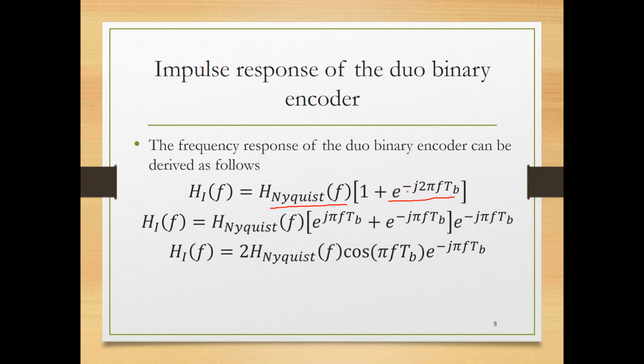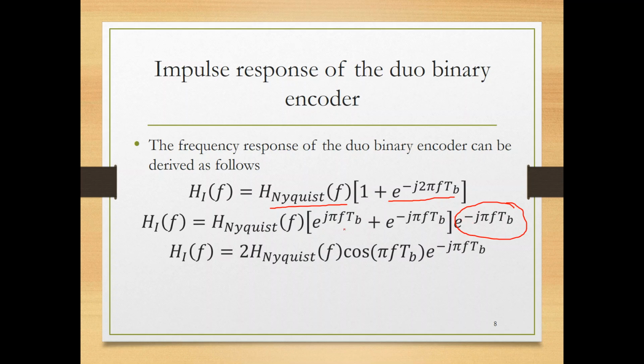So here we have 2πf Tb. If you take just e to minus jπf Tb as a common factor outside, then I will have e to jπf Tb left in the first term, because when you multiply this with this, what do you get?